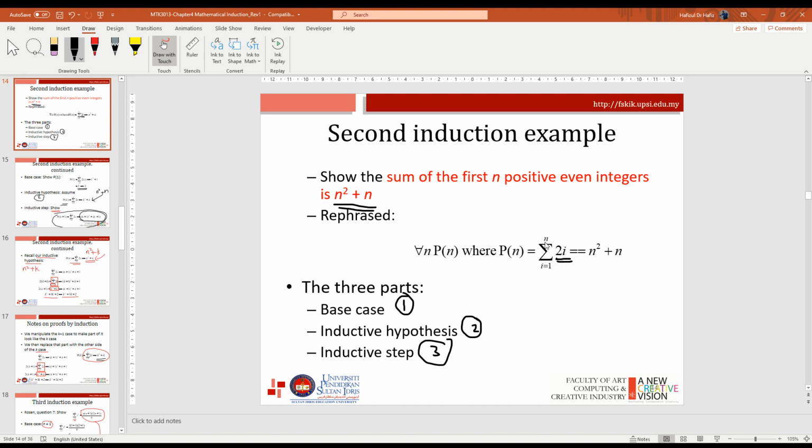Okay, for sum 2i equivalent to n power 2 plus n, we have three parts. One, base case is to prove this one is equivalent to 1, and then induction hypothesis, number 2, and then induction step.